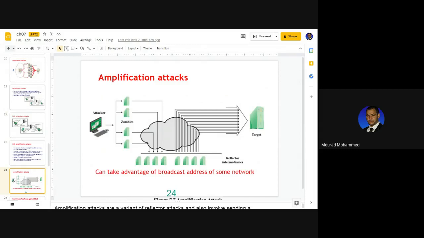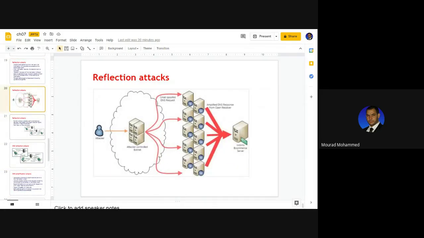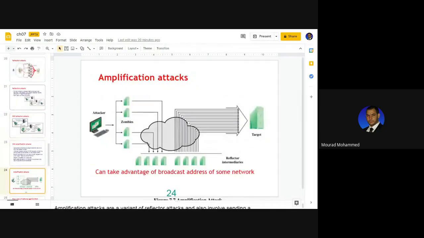An attacker recognizes that, so he would succeed to reflect the service provider. To reflect the service provider means you do the same scenario, to reflect the service on the intermediary device. And then after, he will spoof again, by sending a huge number of requests from the same service provider to the target, to the victim.